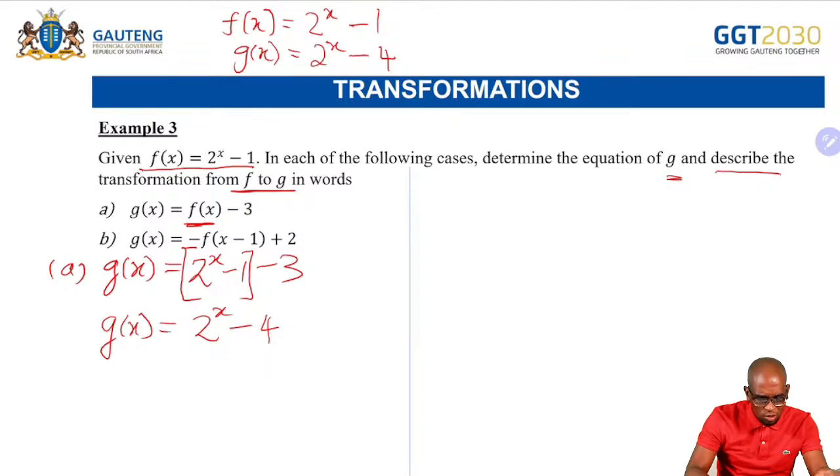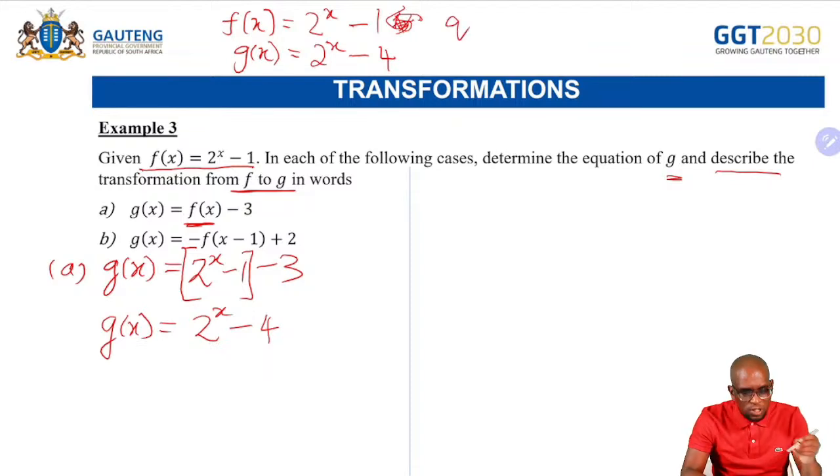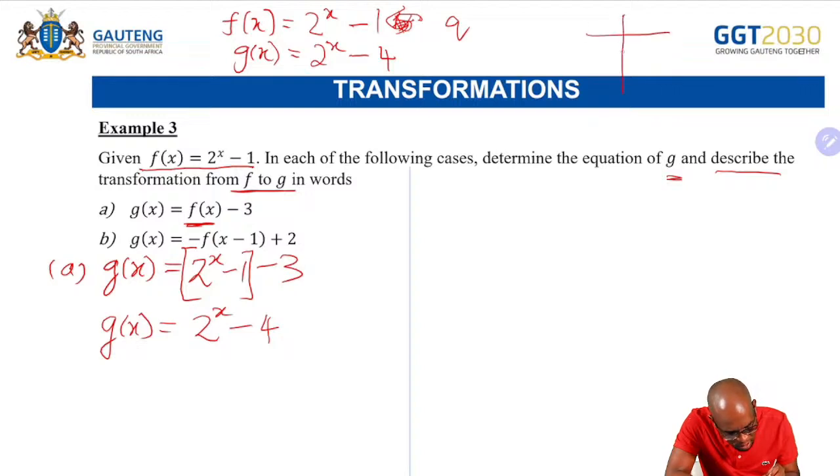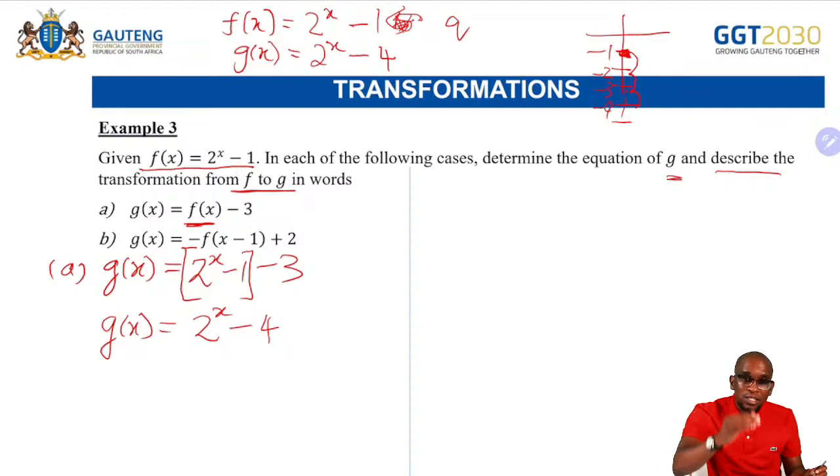What is the change that you see? You can see the change occurred on the value of q. What happened? You moved from negative 1 to negative 4. You moved from negative 1 to negative 2, negative 3, negative 4. So how many units did you move? 1, 2, 3 downwards.